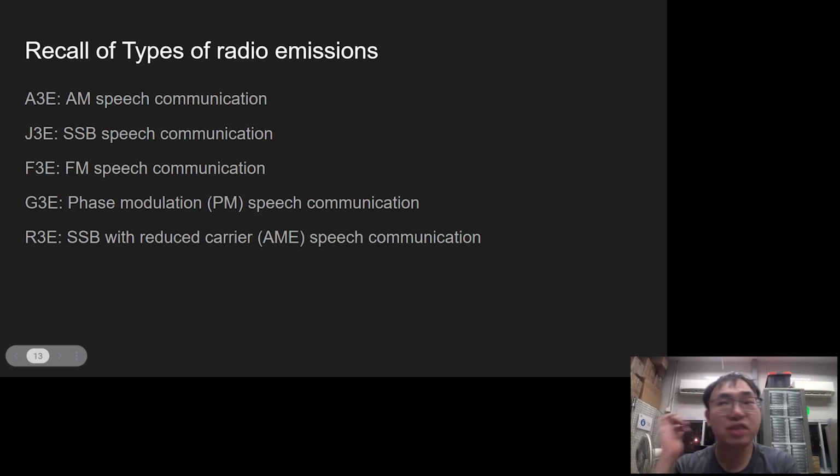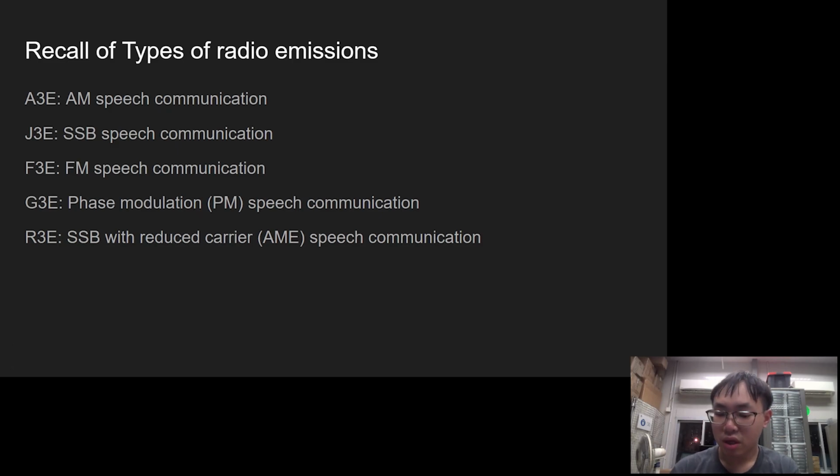Apart from the most common ones, A, J, F, and G, we have R, which is reduced carrier. It's because in our ham development history, sometimes it is very difficult to eliminate the whole carrier wave. So they have reduced carrier instead. So this is called R3E.